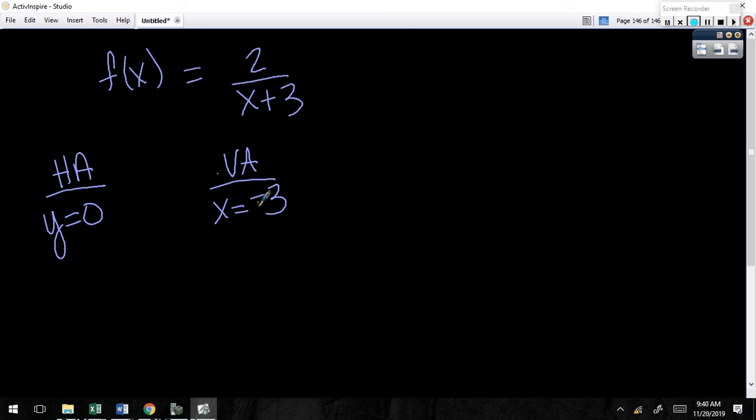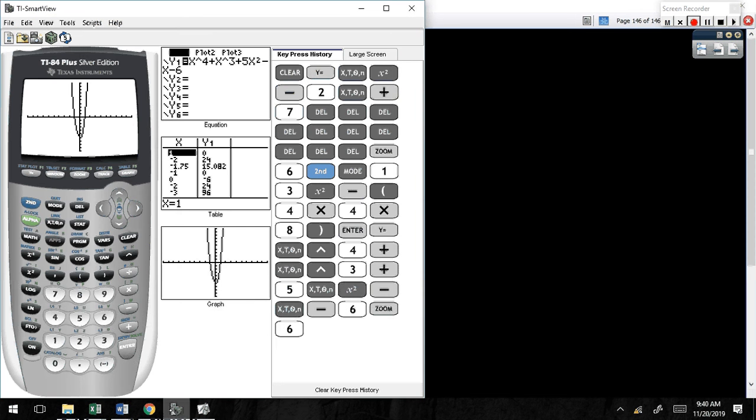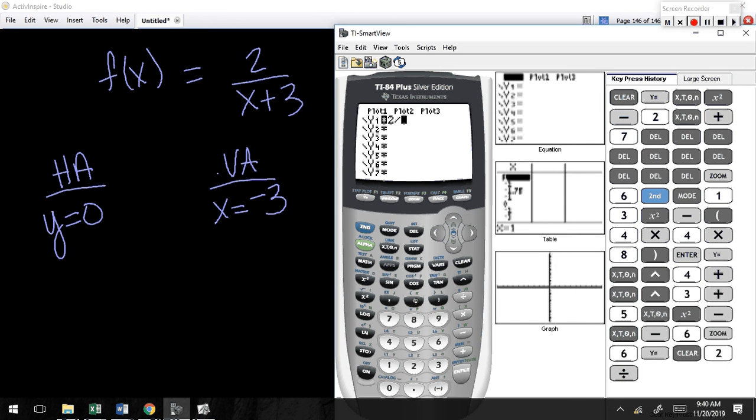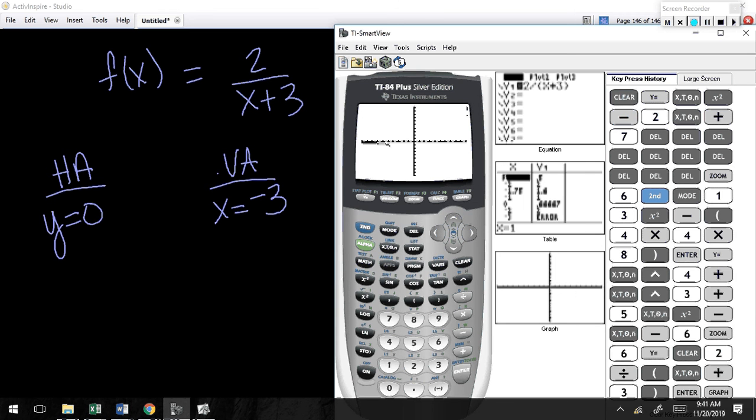Okay. Let's graph it, because in order to do the limit notation for the asymptotes, you really need to graph it. Okay, so let's graph it and see what it looks like. So I got y equals 2 divided by x plus 3. And I'm going to graph it. Okay. Horizontal asymptote at 0?